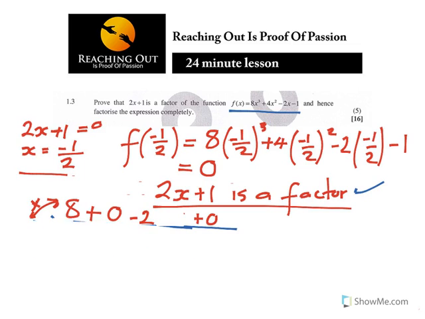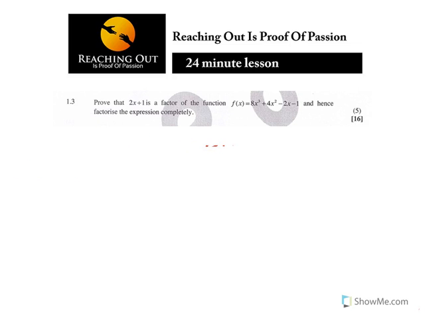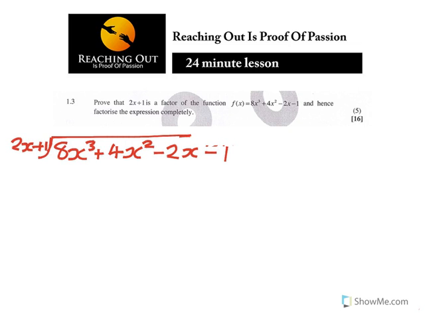If you are comfortable, this was the short way, but if you're comfortable with doing the long division, what usually happens at that stage is, remember, you know that your factor is 2x plus 1, and you've got 8x cubed plus 4x squared minus 2x minus 1. If you're doing the long division, what you must remember is you're saying 2x into 8x cubed.